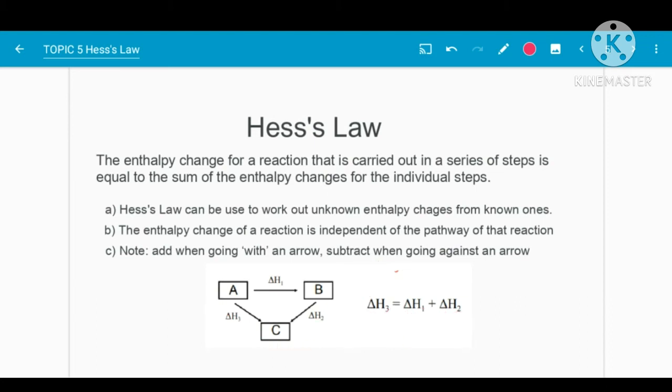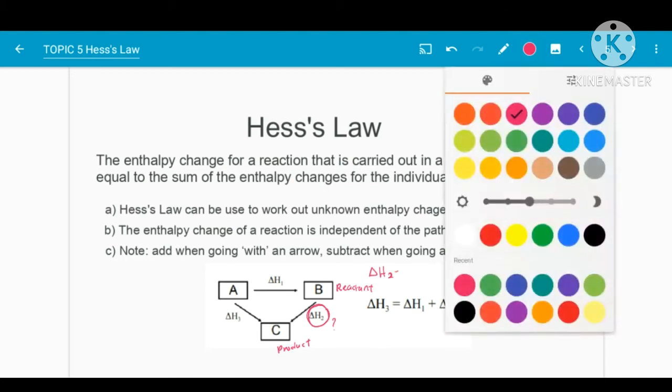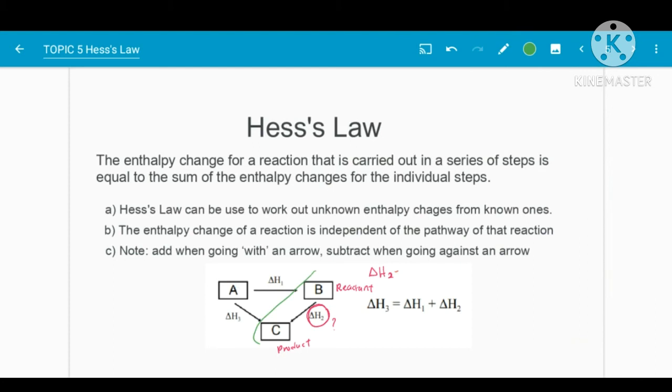Let's say the question asks to find the value of delta H2. If the question asks for delta H2, please state which one is the reactant. This is our reactant, and C becomes the product, and this is route 1.